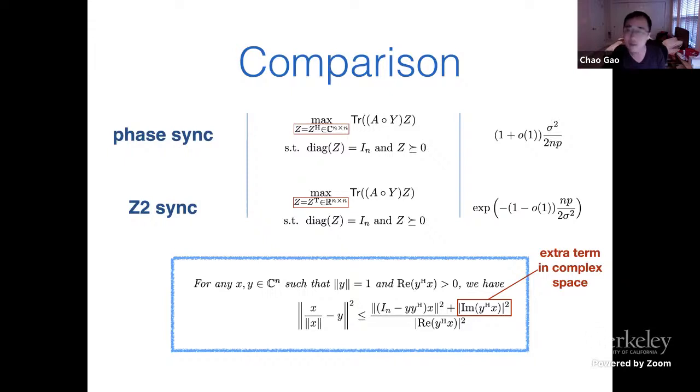And when you analyze the evolution of the iteration for SDP for the phase synchronization problem, it is exactly this imaginary term that gives you the polynomial rate. The exponential rate is always there, right? For Z2 synchronization, this term is not present. Therefore, you only have the exponential rate of convergence, and that's the difference.